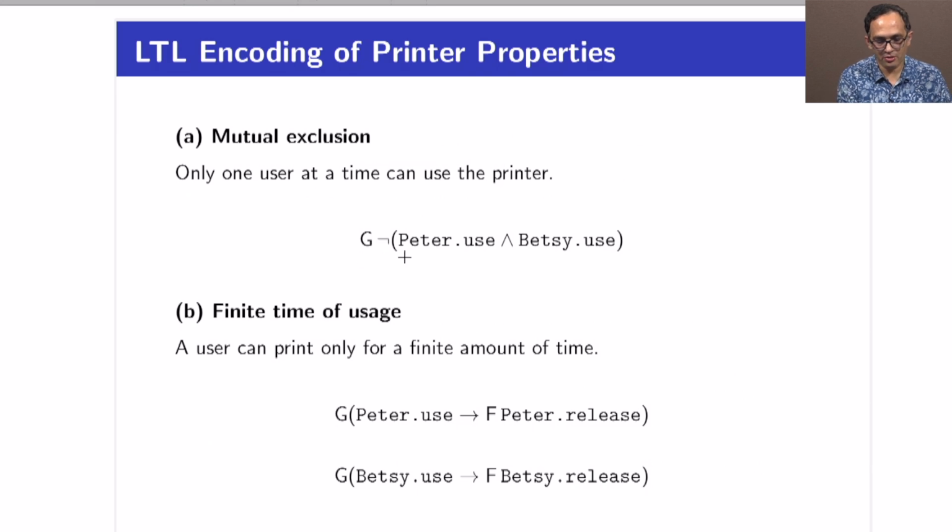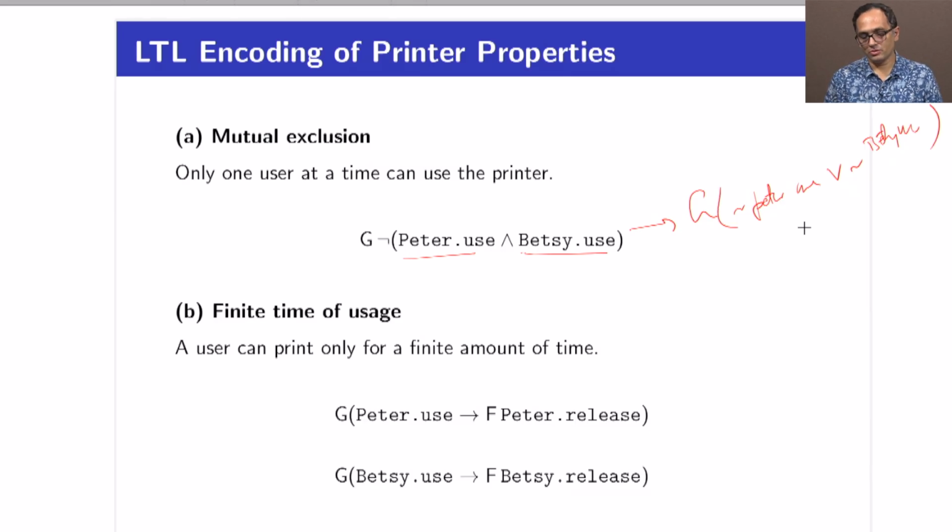This is globally Peter use and Betsy use cannot happen together. If I rewrite this, it can also be written like this: globally not of Peter use or not of Betsy use. You can write this way also, where I just put the negation inside and use De Morgan's law, right? So it's basically saying that at least one of them should be 0, to make this happen.